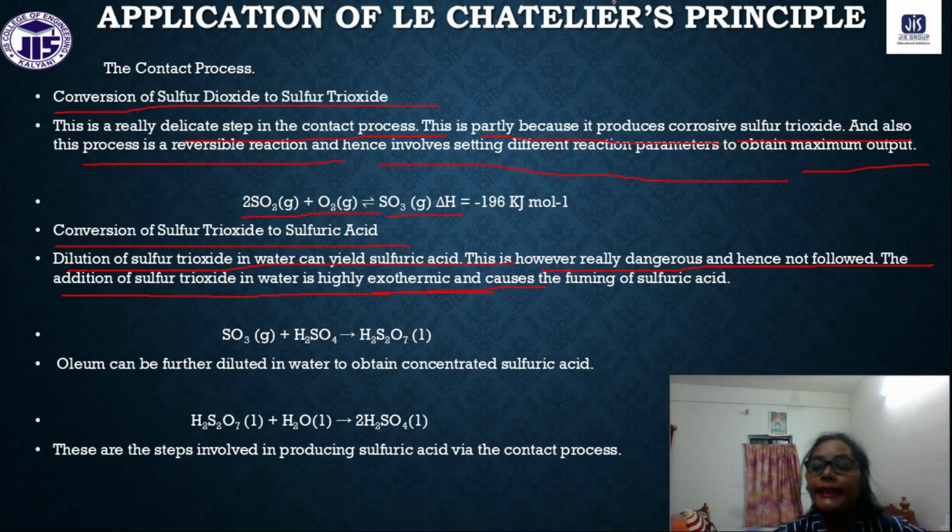The heat is released and causes the fuming of sulfuric acid, and this is called oleum. Oleum can be further diluted in water and it will form H2SO4. This is called oleum.